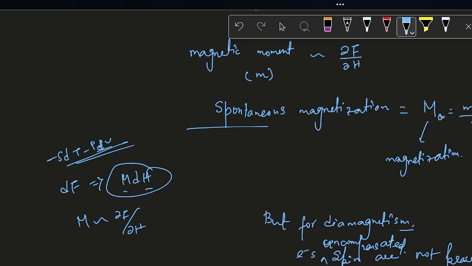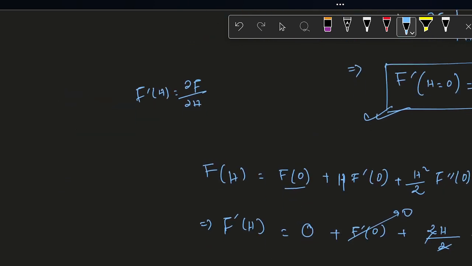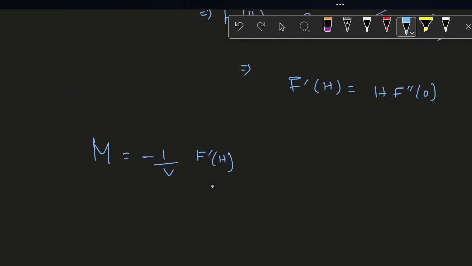So this was spontaneous magnetization, so we used the condition h equal to 0, but for simple magnetization it is just minus 1 by v del f del h at any finite h. Now just replace the value of f prime h from here. So this is minus 1 by v h f double prime 0.